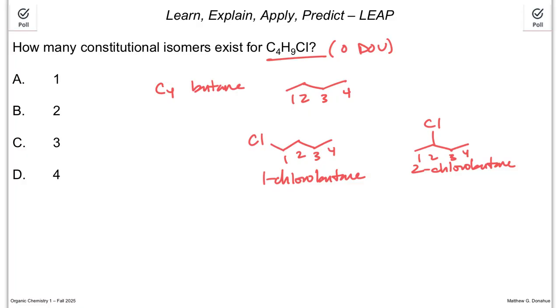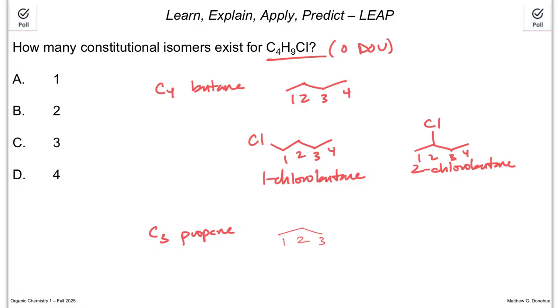In terms of constitutional isomers, remember we have the linear chain, and then when we're at a carbon 4 count, that's when we can have branching. So we can have these propane derivatives where now we have to put back in a carbon and now the halogen.